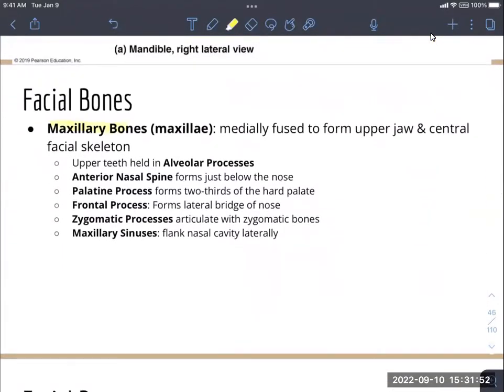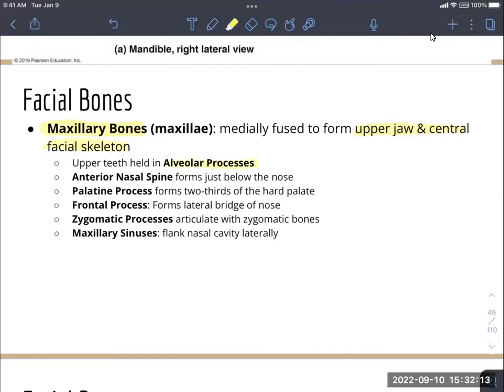We have our maxillary bones. We have two of them. They make part of your upper jaw and your central facial skeletal part. We have more alveolar processes because that's where our teeth attach.